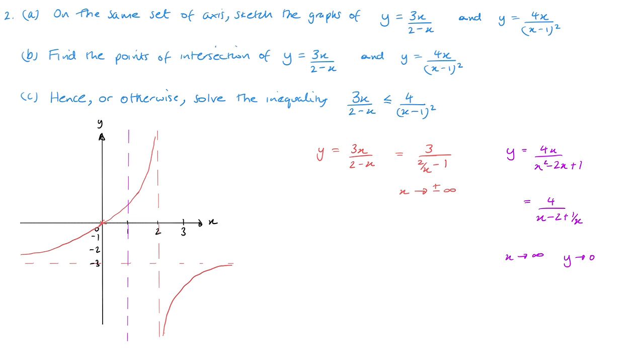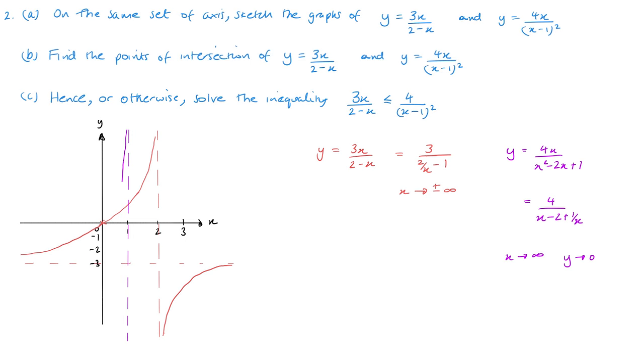Now, what's the shape of this graph? Because having an x over x minus 1 squared is going to mean that it's not a straightforward graph, isn't it? So substituting in a value close to that 1, like 0.9, gives me a large value, so I know it's going to be coming down this way.